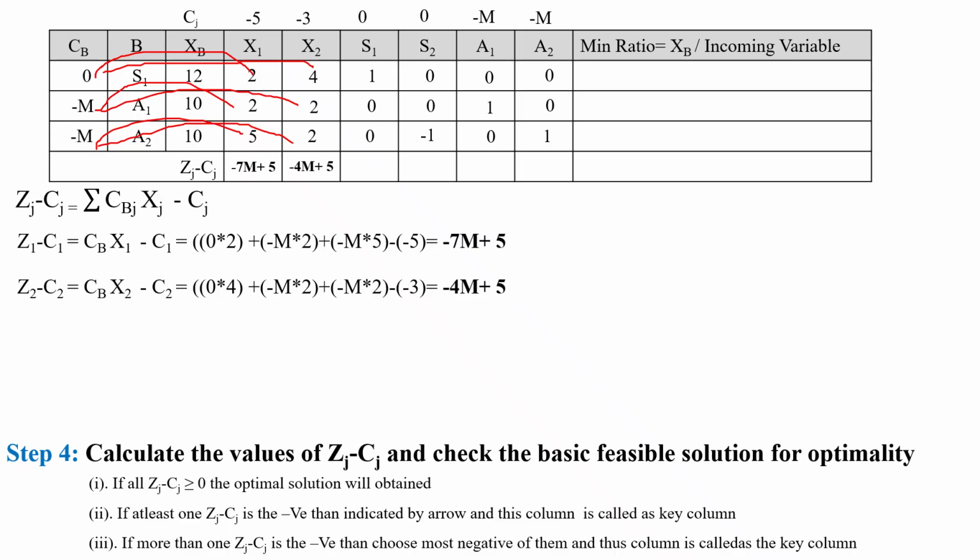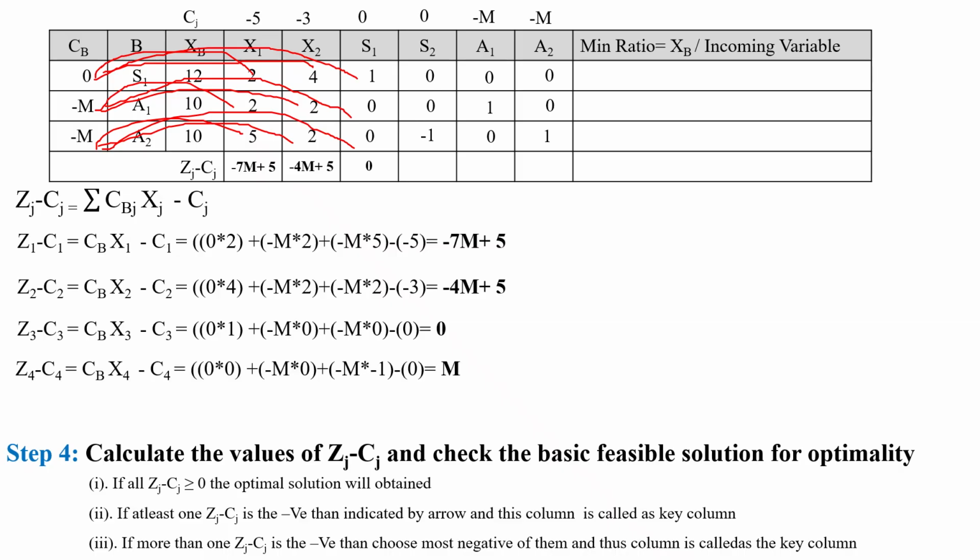Next, Z3 minus C3 for the third variable, the S1 variable, is equal to 0 into 1 plus minus M into 0 plus minus M into 0 minus 0, which is equal to 0. Next, Z4 minus C4 for the fourth variable, the S2 variable: 0 into 0 plus minus M into 0 plus minus M into minus 1 minus 0, which is equal to M.